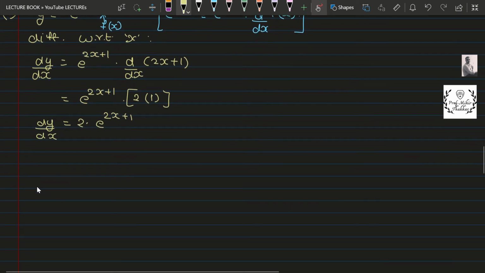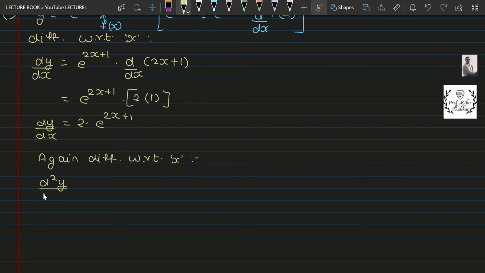Since we are interested in the second order derivative, I have to again differentiate this with respect to x. The derivative of dy by dx is d square y by dx square, or you may say the second order derivative of y is d square y by dx square.